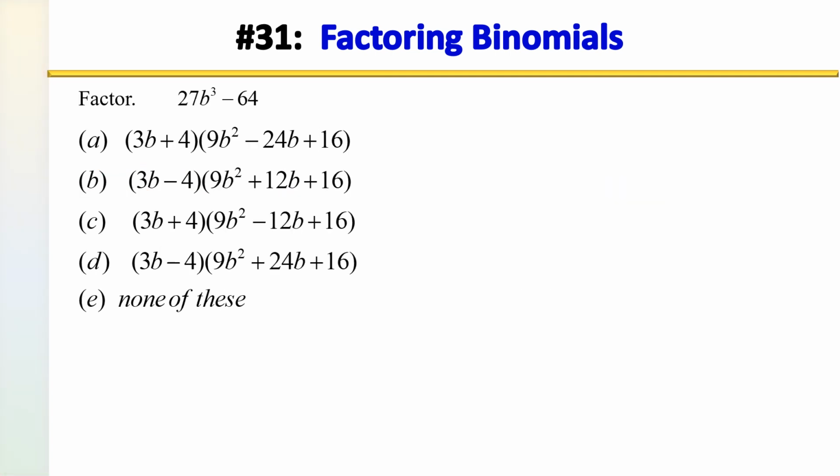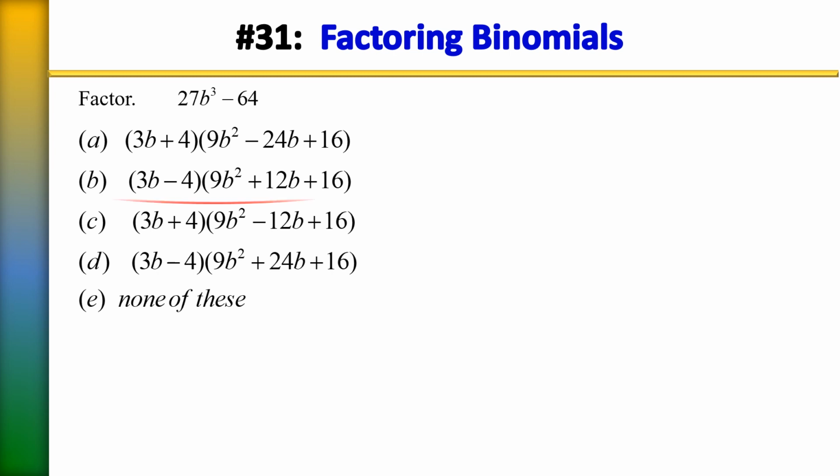Number 31, factor. So what is the correct answer? Choice B. Okay, so what we were given here is a binomial, and there's something I noticed about this binomial. I see a variable raised to the third power.